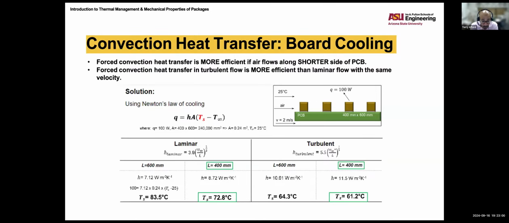So there's a lot that goes into it. And again, this is an example where design, modeling, and experimental validation are very, very important.